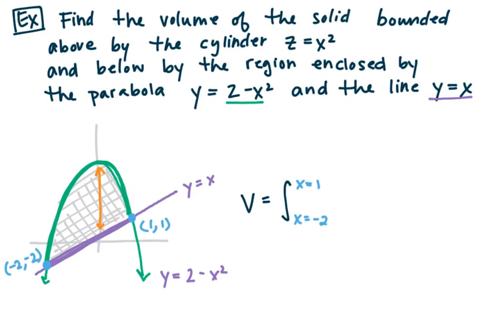Then my above and below bounds in terms of y: on the bottom, we are bounded by y equals x. On the top, we are bounded by y equals 2 minus x squared. My function z, f of x, y, is x squared, and then we're going to list our bounds, dy, dx.